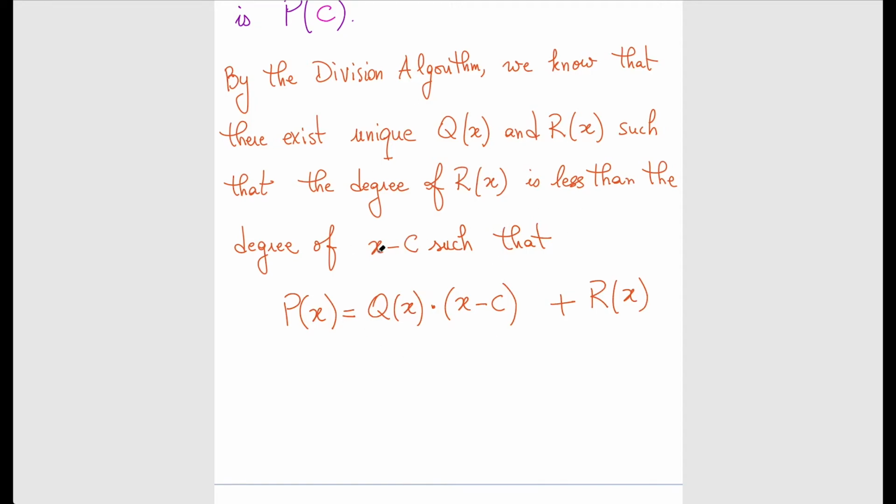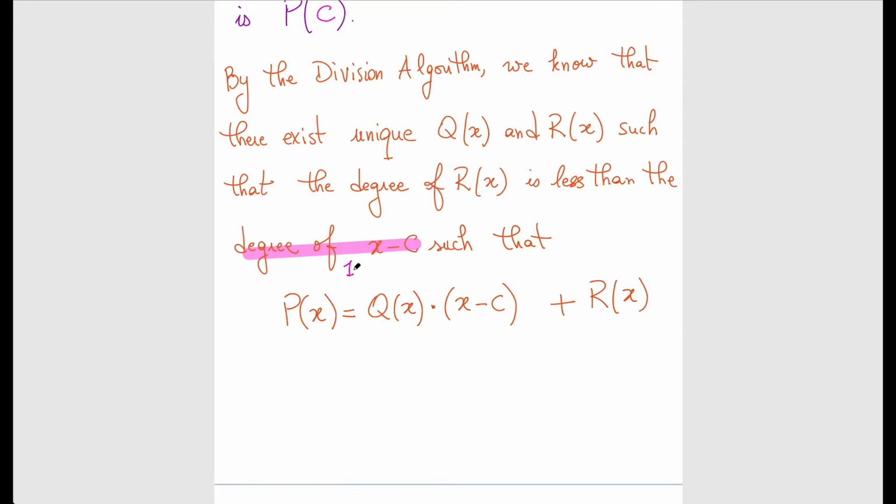Now I have a special divisor here. Let's pay attention to the following sentence: the degree of r of x is less than the degree of x minus c. So what's the degree of x minus c? c is a constant, like 5, 6, whatever. The degree of x minus c is 1.